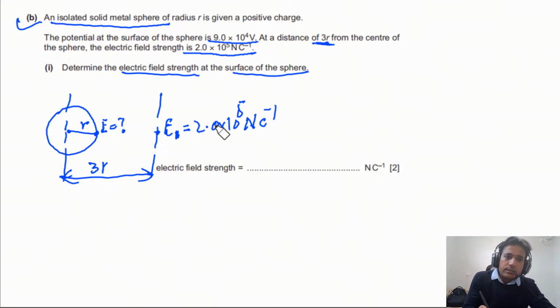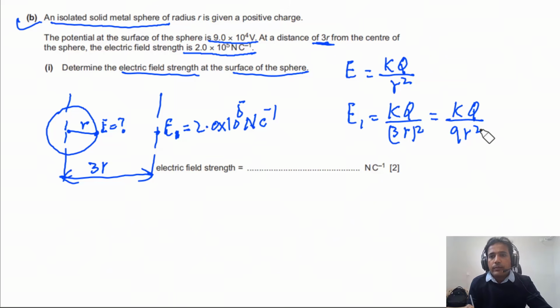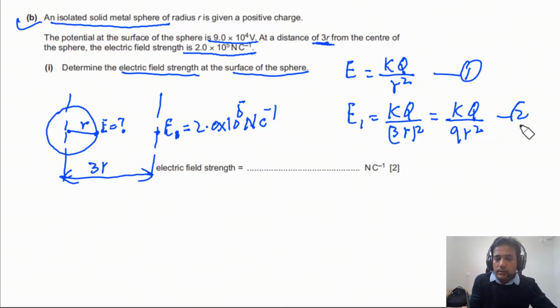So for this question we can write down the equation for the surface. So we can say E is equal to kq over r square and E1 is equal to kq over 3r square, so this is equal to kq over 9r square. Let's say this is equation 1 and this one is 2.